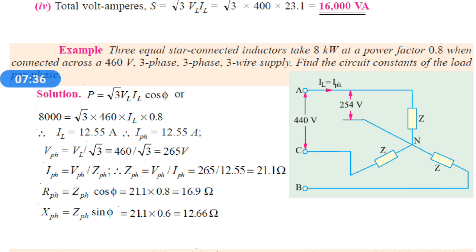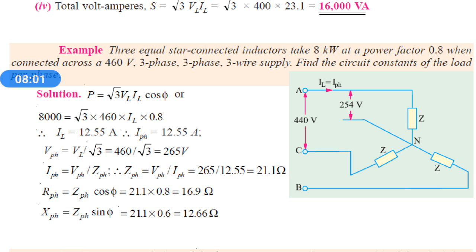It's a star connected load, so line current equal to phase current. So I phase equal to 12.55 ampere. Using I phase and V phase we can find Z phase. Before that we have to find the V phase.